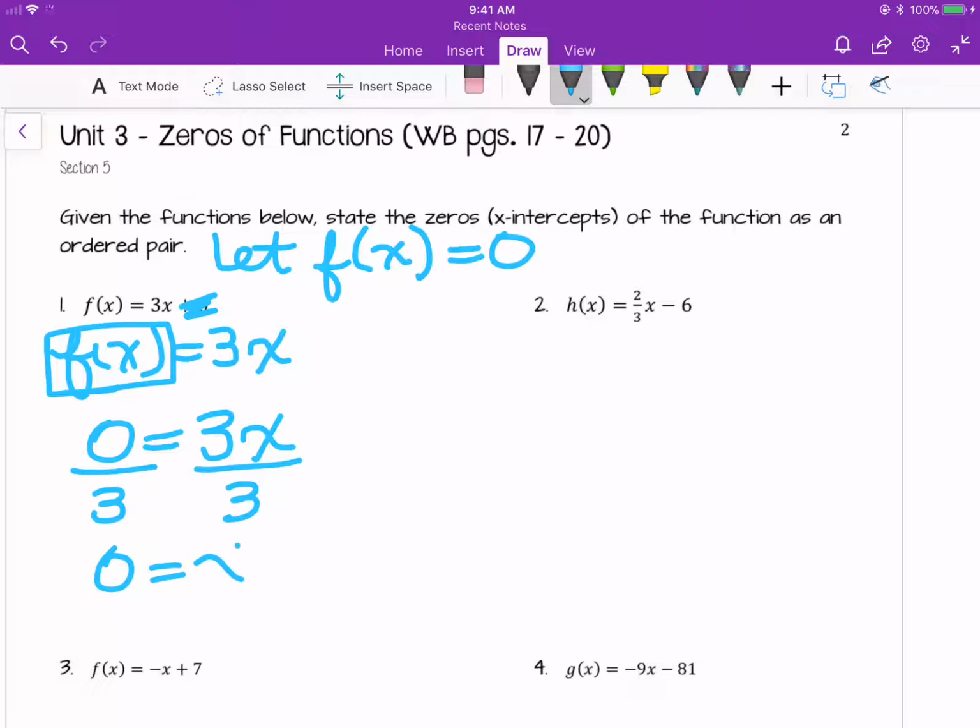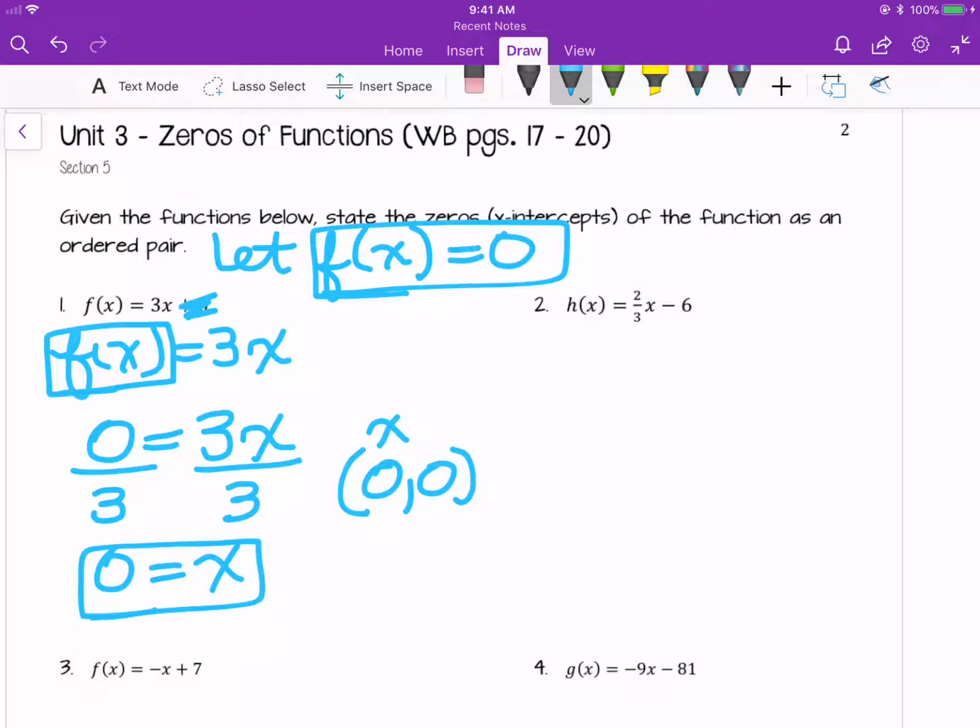So 0 is equal to x. If that's the case, the ordered pair would be 0, 0. I figured out right here that x is equal to 0, and up here I let f of x equal to 0, which is also known as the y value. Y value, f of x value, remember those are all the same from our previous lessons.